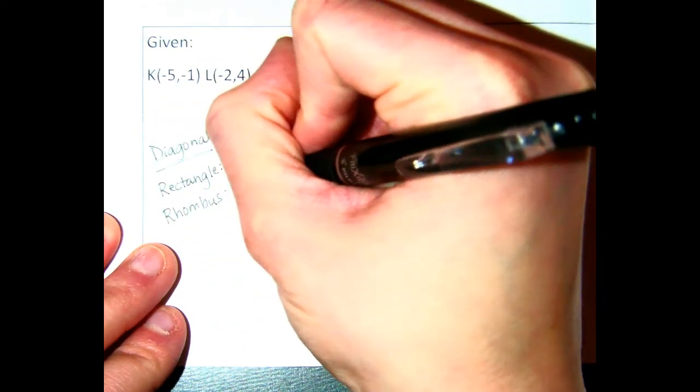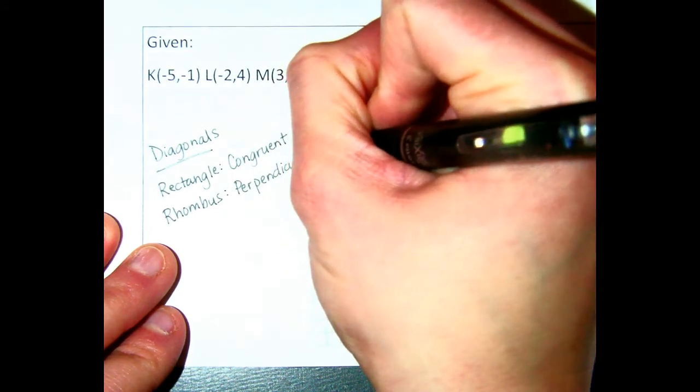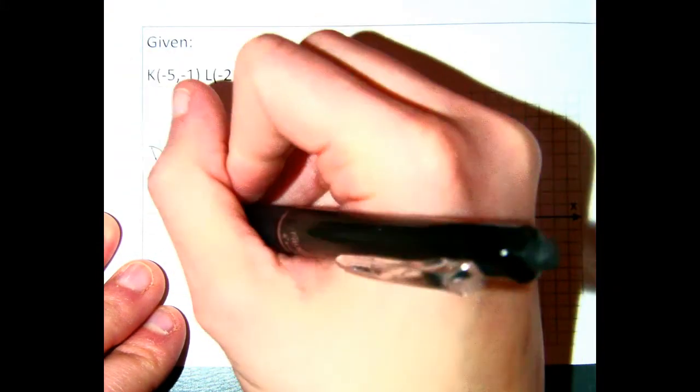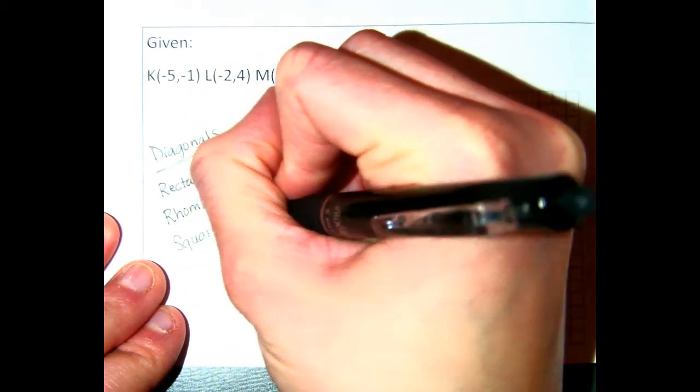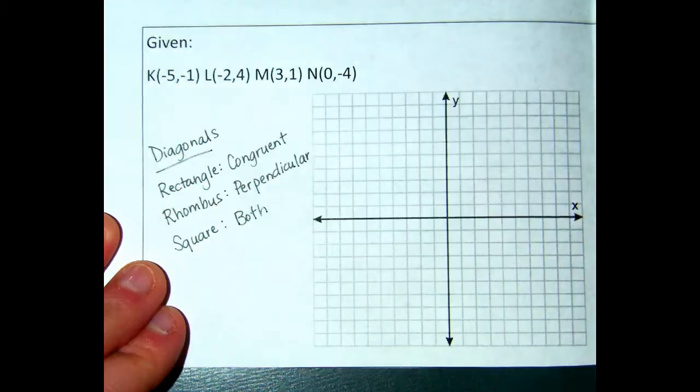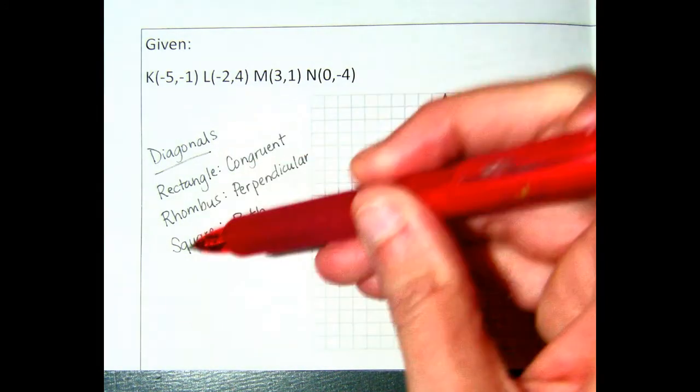For a rhombus, they are perpendicular, which just means that we could find the slopes of them and show that they have a product of negative one, or what we're used to, opposite reciprocal. And a square has both congruent diagonals and perpendicular diagonals. This is going to help us determine whether the parallelogram is a rectangle, rhombus, or square.